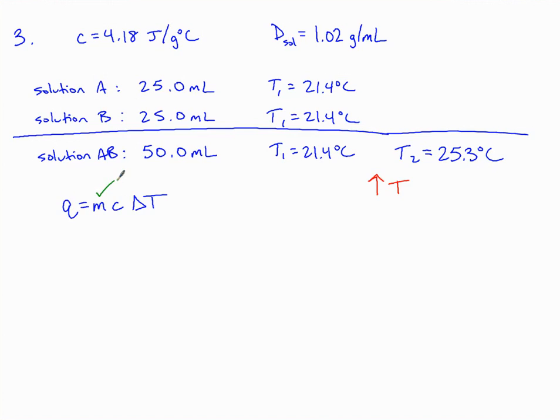So we will have mass, we just have to work for it a little bit. Specific heat, 4.184 joules per gram degree Celsius. They gave it to us. And delta T is really T2 minus T1. And so we have that as well. And so we should be pretty well set to go ahead and start calculating Q.